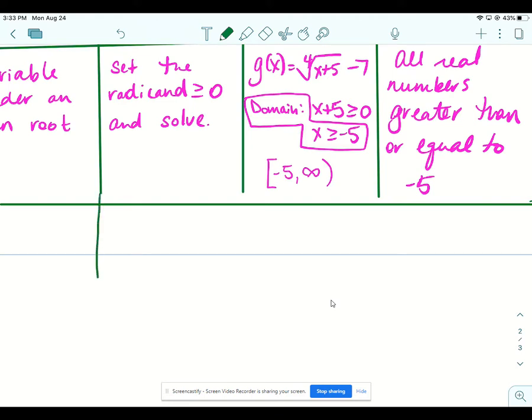Okay, and I'm going to have to extend my table down because we have one more thing.